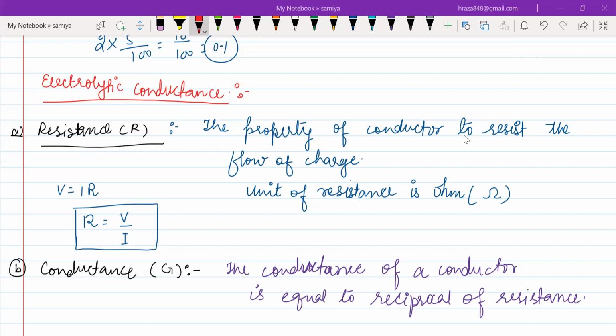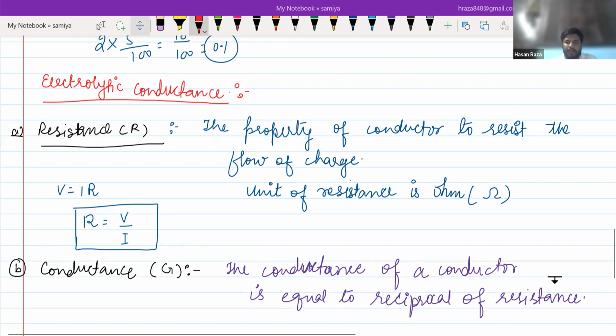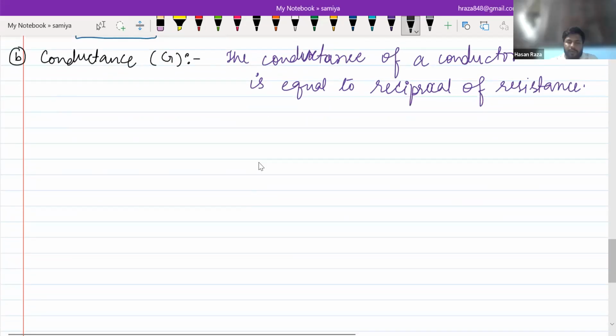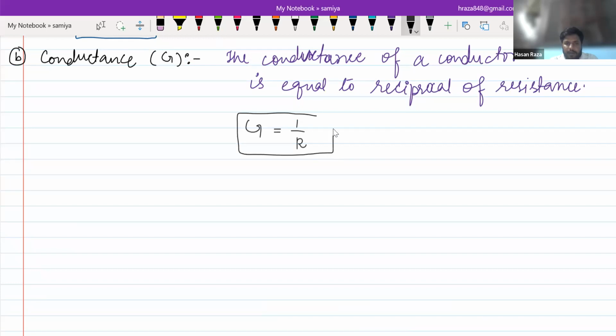Done, sir. Samia and Madhya. Done, sir. Now see, from this definition, you can easily write an equation. G will be equal to 1 by R. Conductance is equal to 1 upon resistance. Now, the unit of G, that means conductance, will be per ohm, because 1 upon ohm is per ohm.